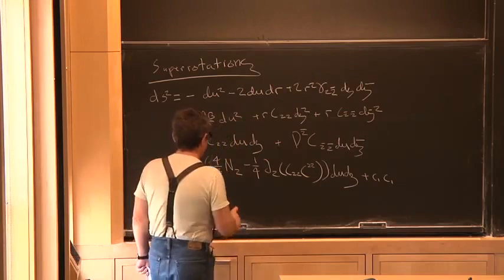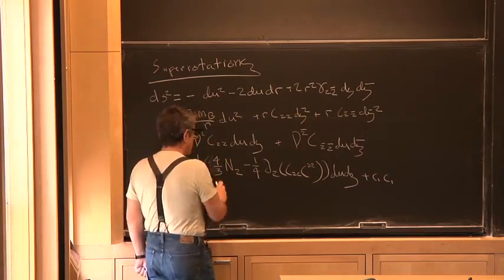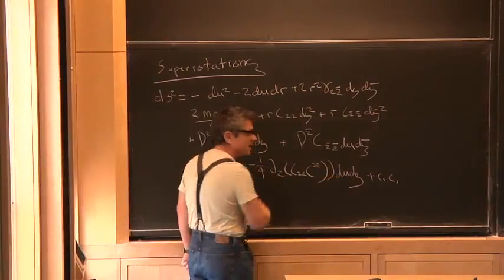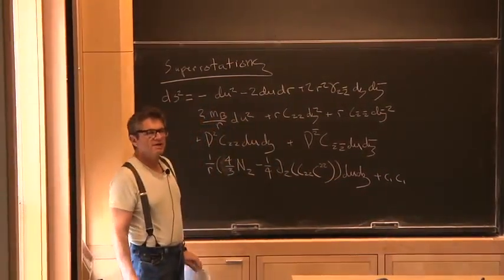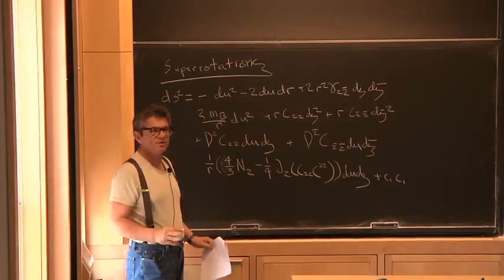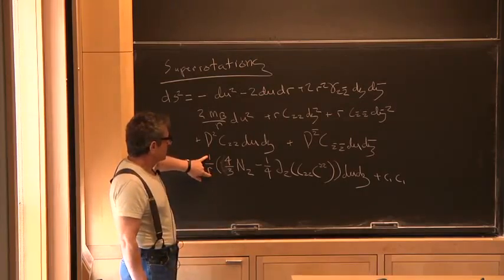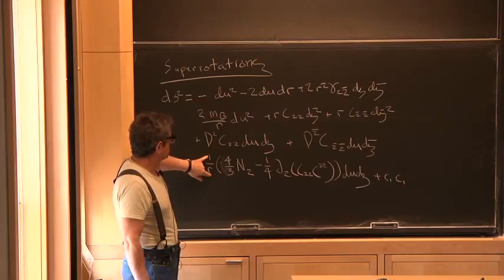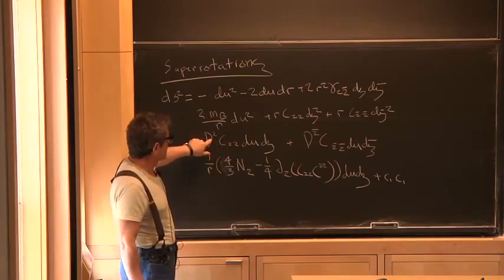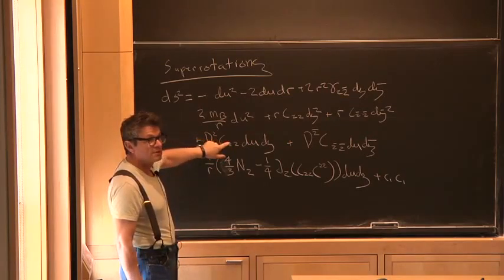Now, I could have just called this whole thing N_z. There are various different conventions in the literature. The term we've been discussing is an order 1 coefficient of the du dz term.